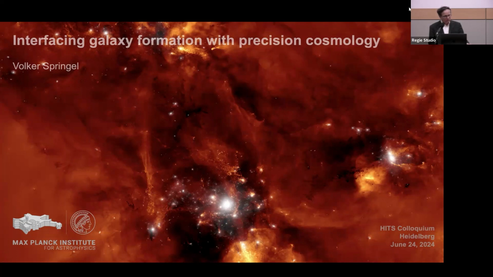And I gave this somewhat technical title, Interfacing Galaxy Formation with Precision Cosmology. And I would like to give you a flavor of what this scientific field does in trying to predict basically the formation of galaxies from a theoretical angle, and then also making predictions that are needed to understand some of the deepest puzzles in our universe, namely the basic fabric it is made of, of course, of dark matter and dark energy.